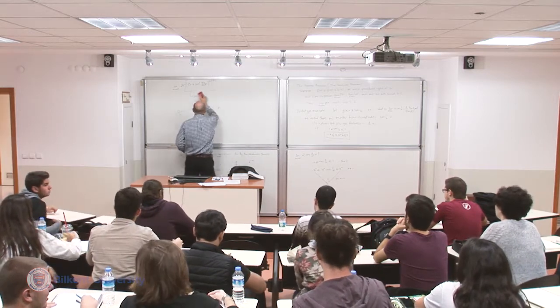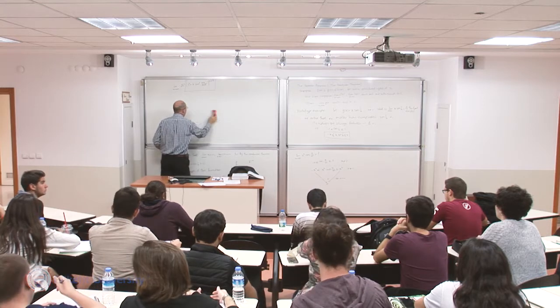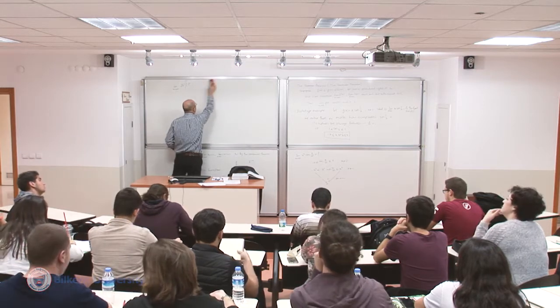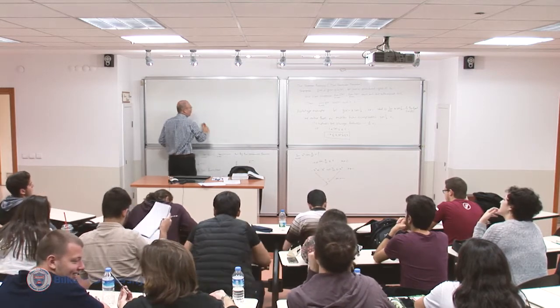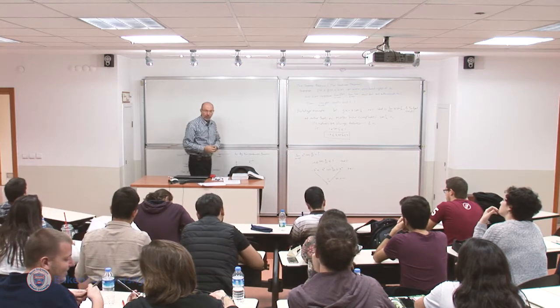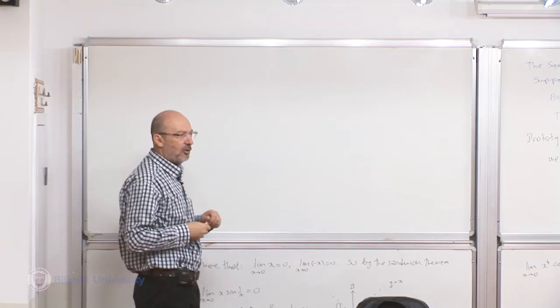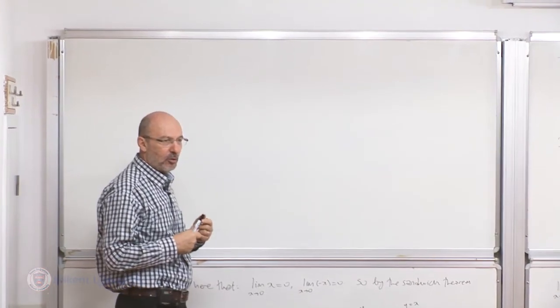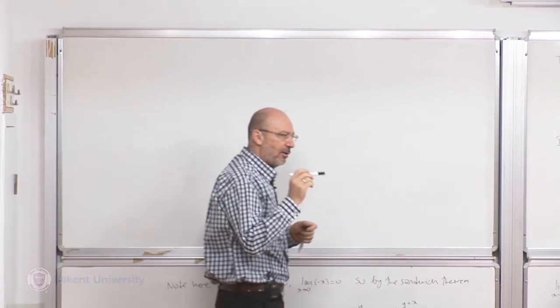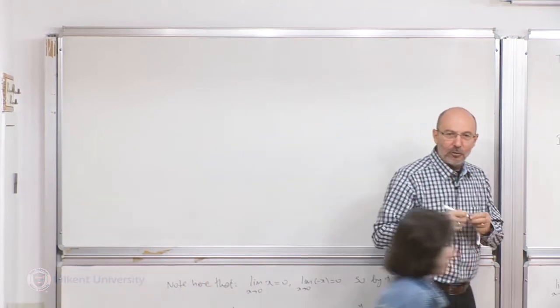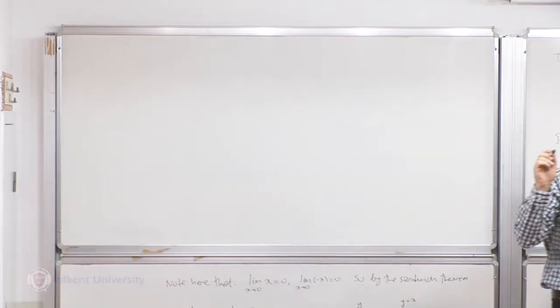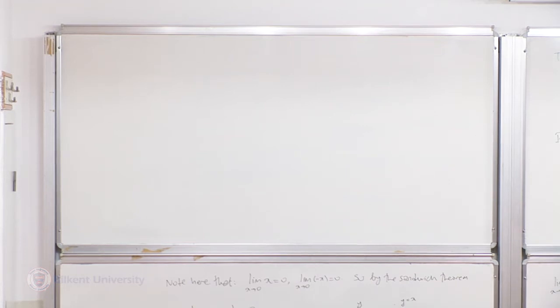Roughly speaking, a function is continuous if you can draw its graph without taking your hand off the board. Okay? Even though that's a satisfactory definition for most of us, we know that if you go to atomic scale, the pen never touches the board anyway. Actually, your hand is not touching the pen.